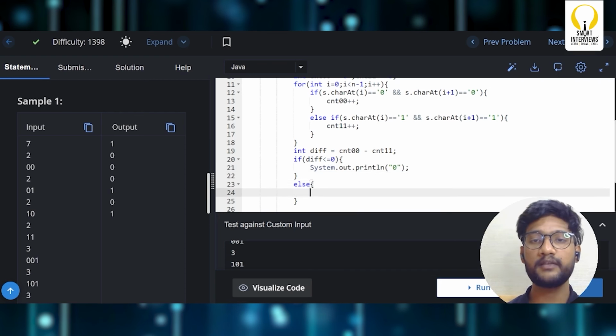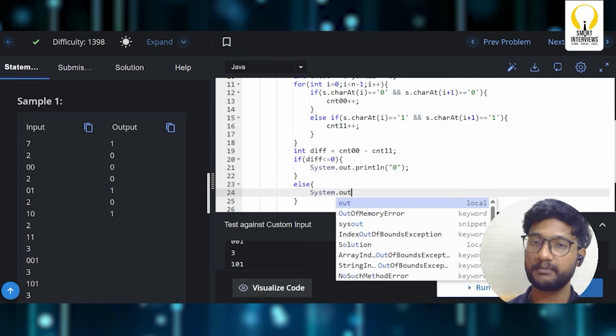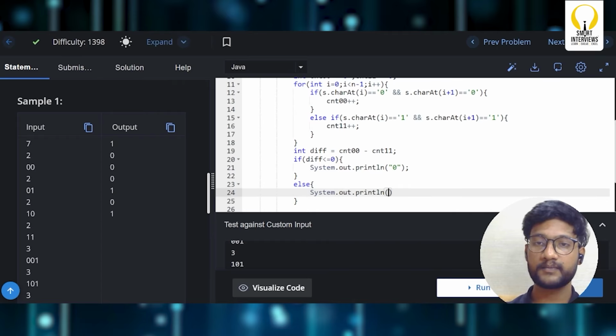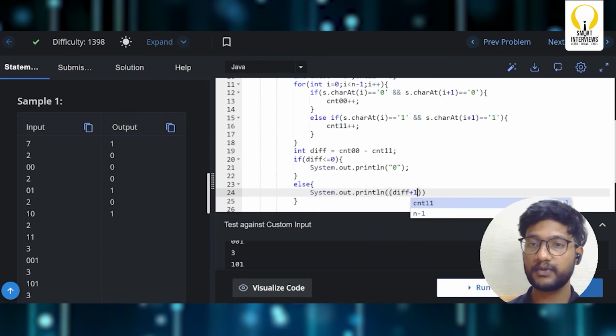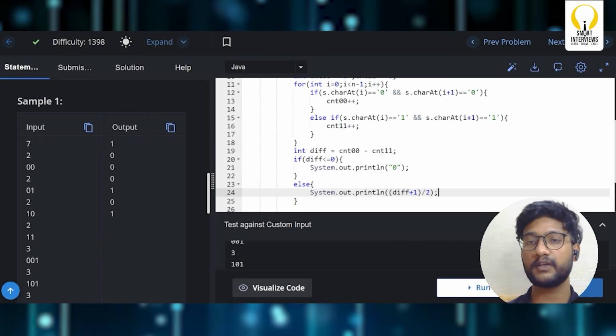Else, I'll print (difference plus 1) by 2, because if you have one pair, it's not required to flip all the values in the pair. You can simply pick one element in that pair and flip that.